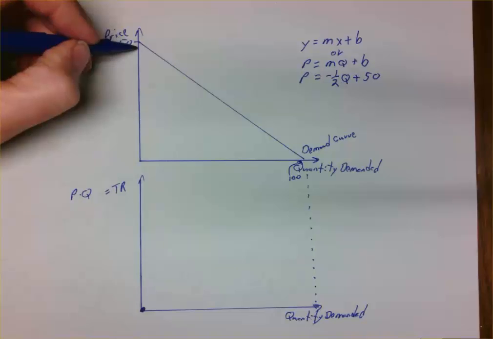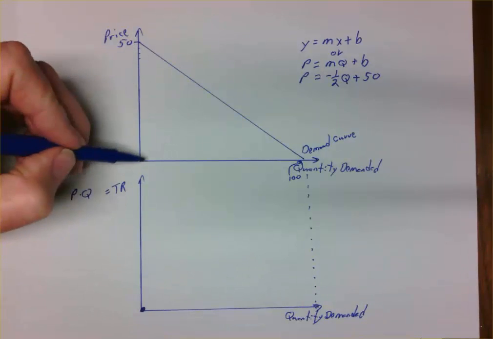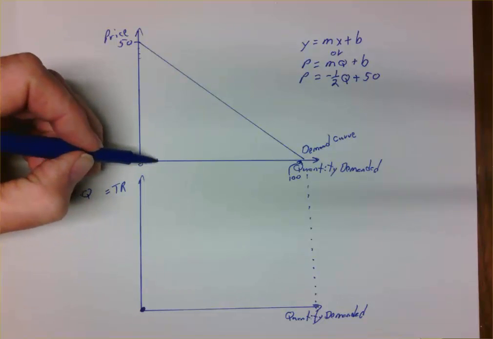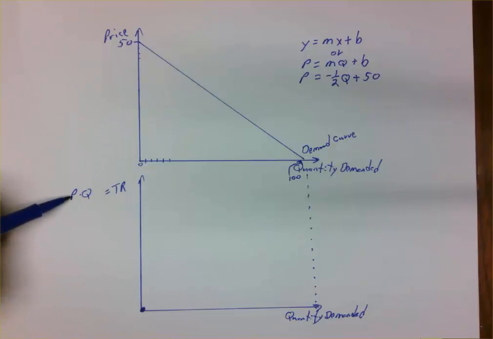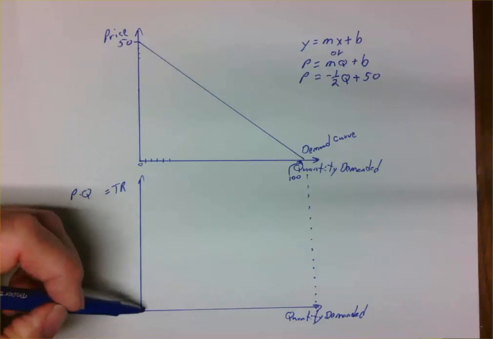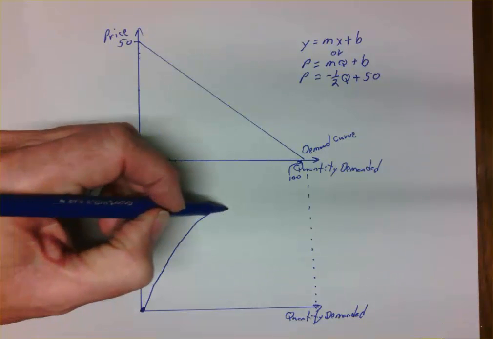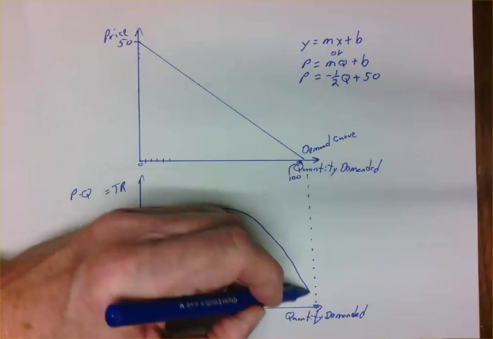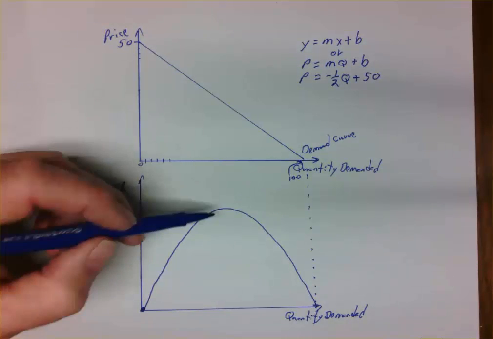And then as we go down to 49 to 48 to 47, or more properly as we go out this way from 0 to 1 to 2 to 3 to 4 to 5, Q is getting bigger and P is going down. But at first total revenue rises, it maxes out dead square in the middle, and then it falls again like that. So total revenue for a monopoly firm has this weird shape.